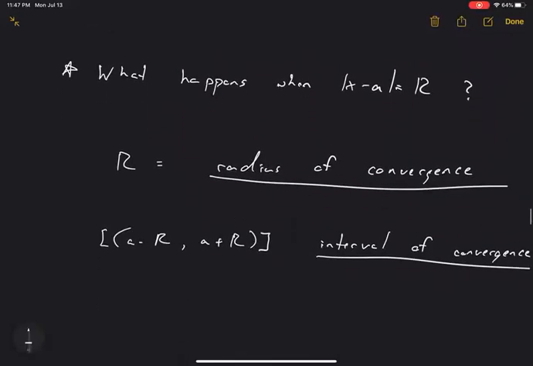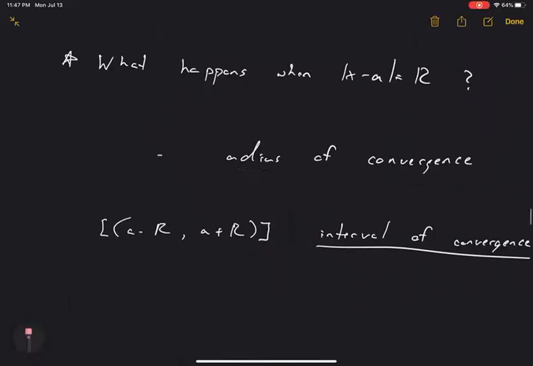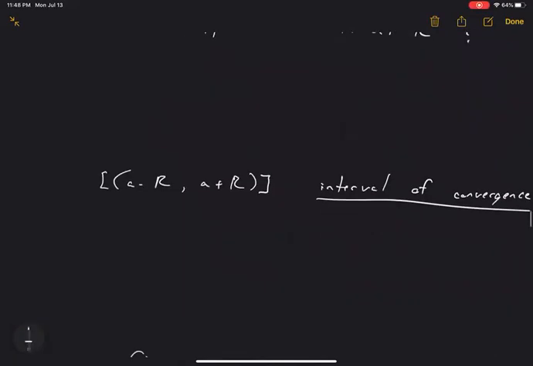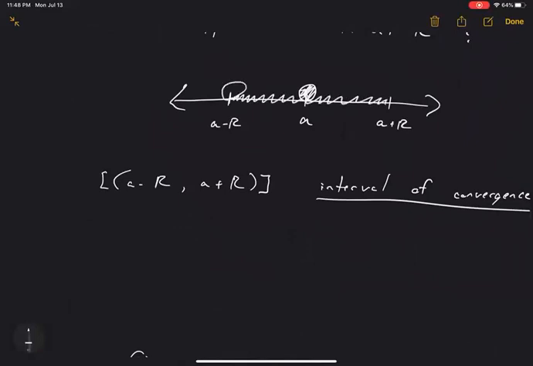Now, let's actually look at the interval of convergence first. What we've just said is that our power series always converges at this value a, but maybe it converges on a larger interval as well, from a minus R to a plus R. So maybe it converges in here. And then we're asking ourselves, what's going on at these endpoints? Maybe our series converges at both endpoints, or maybe just one endpoint, or maybe at neither endpoint.